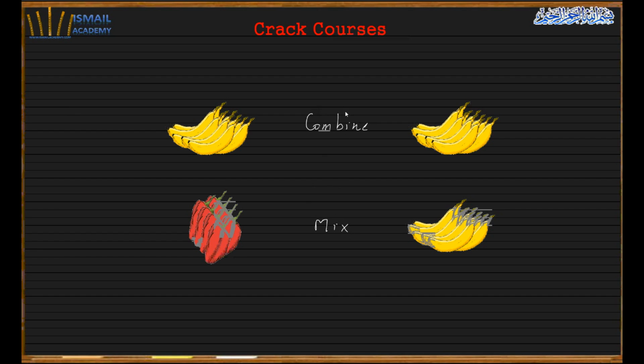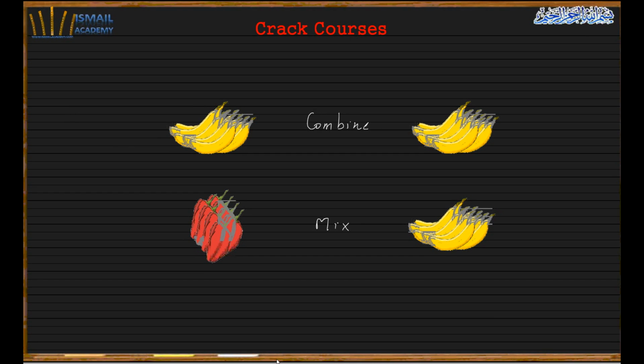We know combine and mix have the same meaning, get items together. So why do we choose combine here, and mix here? For the first two, we choose combine because the items are similar. We choose combine when the items are similar.